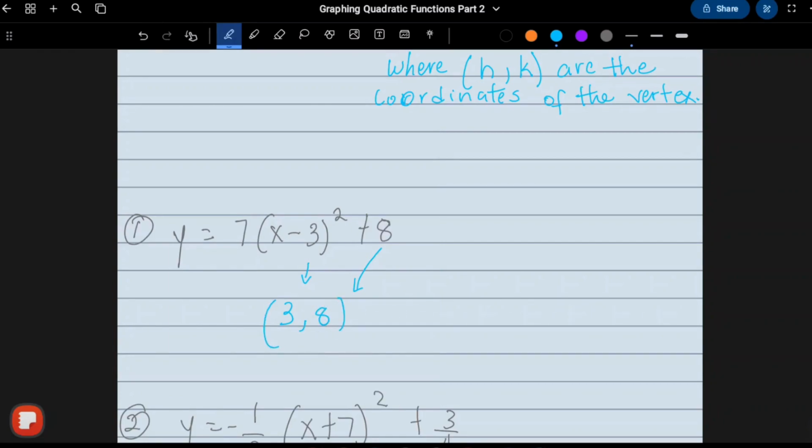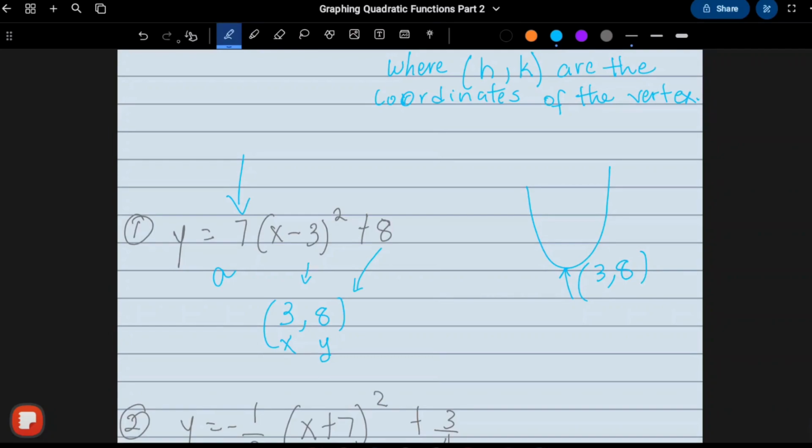That's the coordinates of your vertex. So this 3 represents your x value, this 8 represents your y value. Now this 7 also represents your a value. It's positive, 7 is more than 0, so we know it's going to face upward, and the vertex or the turning point will be at this point, 3, 8.